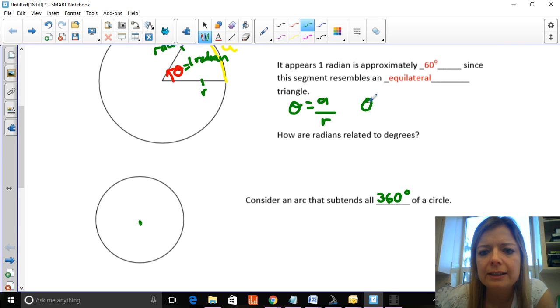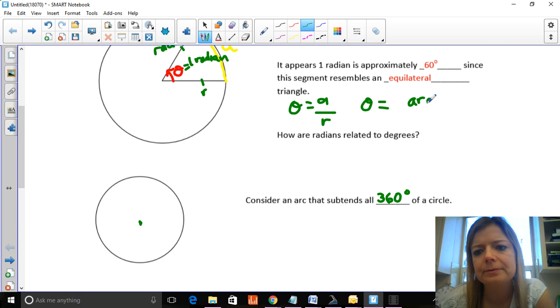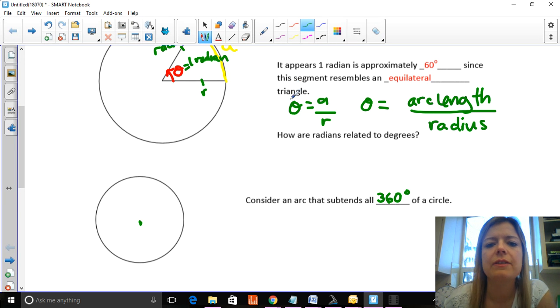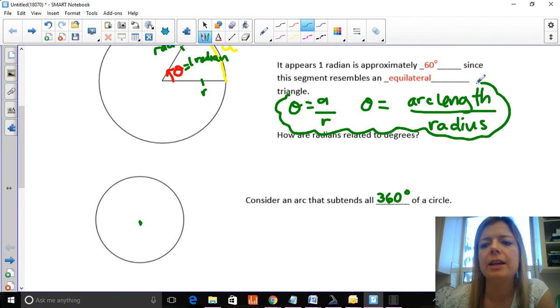So theta in radians is equal to the arc length divided by the radius, okay? So this is just part of the definition of how to define theta in radians.